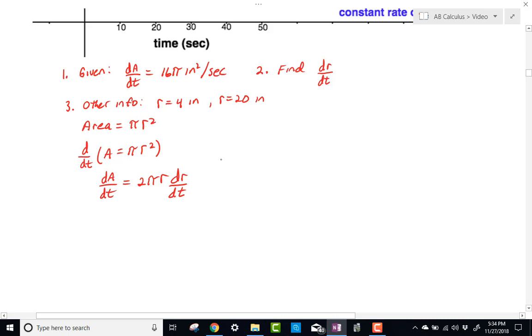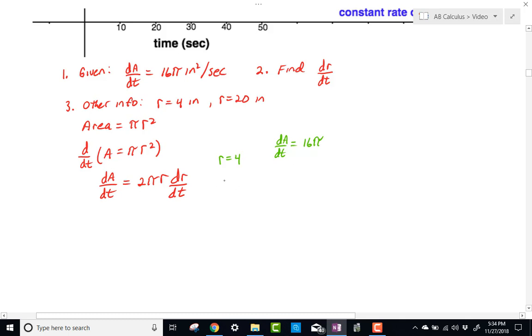So we're going to start off when r is equal to 4, but the one piece that we were given was dA dt. We know that for both r equals 4 and r equals 20, dA dt is going to equal 16 pi, and I'm not going to put the units on there because we're going to plug that in right now.